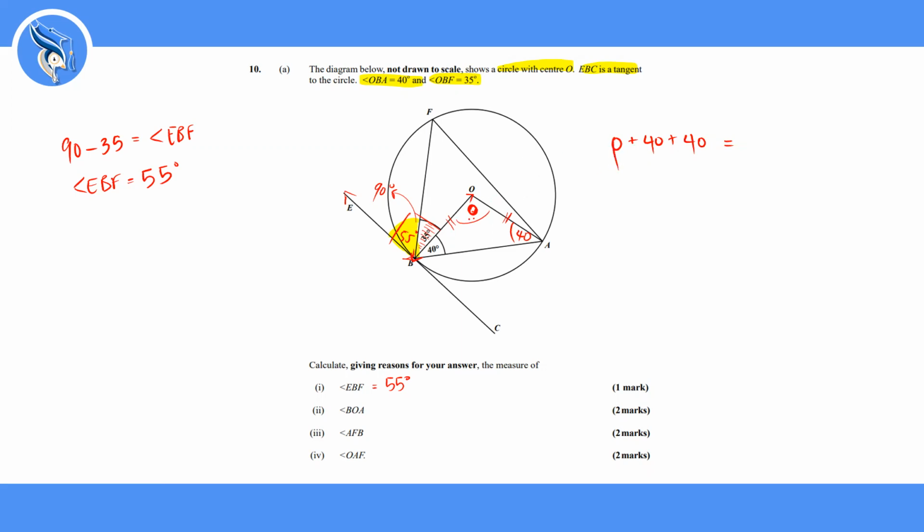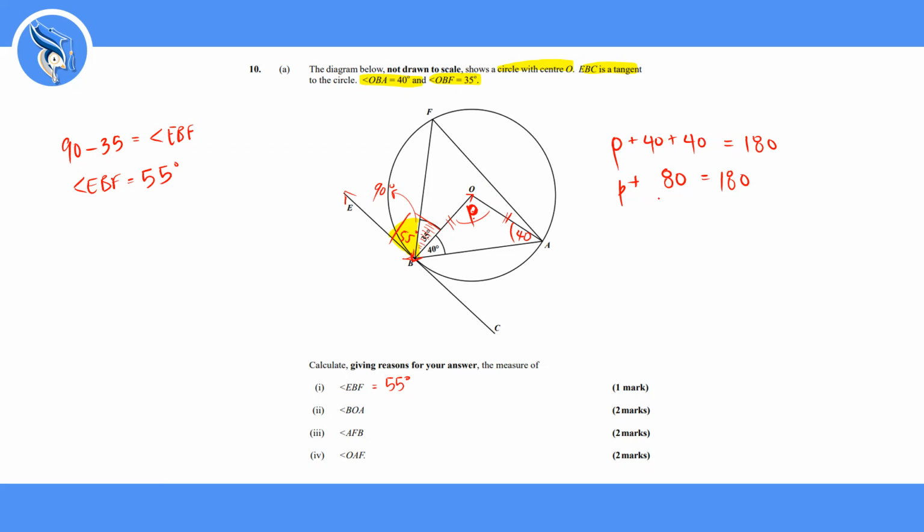I'll change this to a P because it looks like 0. So P plus 40 plus 40 equals 180. 40 plus 40 is how much? 80. Nice. So P plus 80 is equal to 180. Here you can actually see the plus sign now, which I'm glad. So you know that plus is in front of this 80.